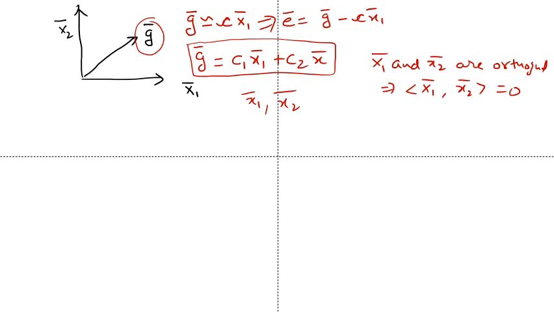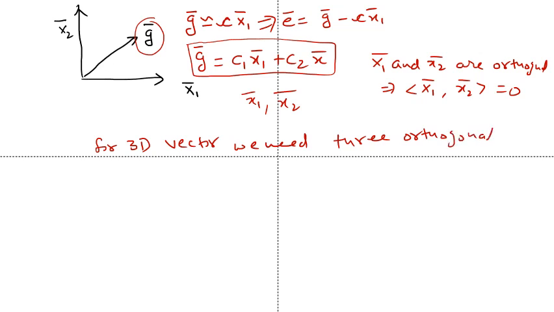Similarly, suppose you have a three-dimensional vector, so we need three orthogonal vectors to represent it.